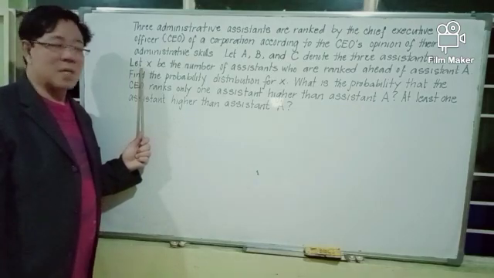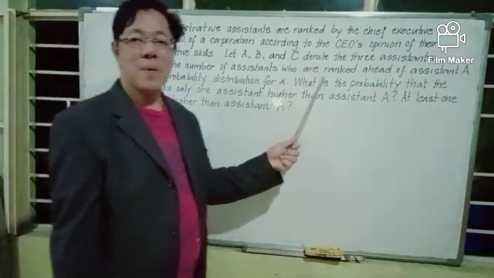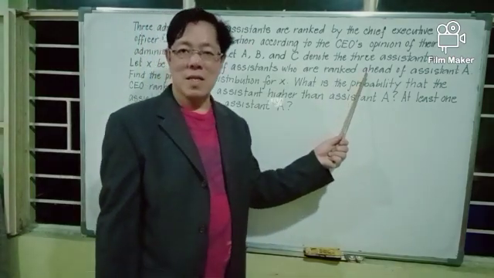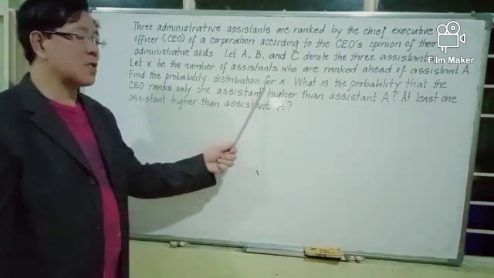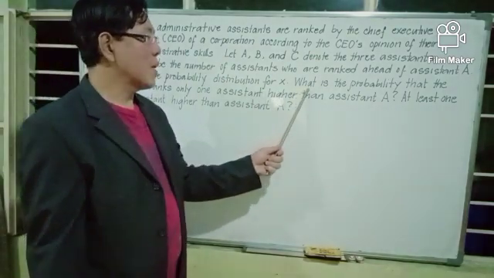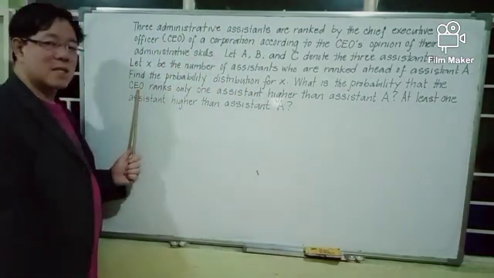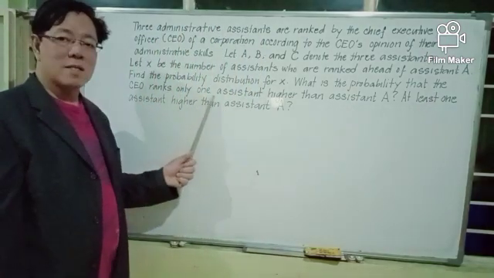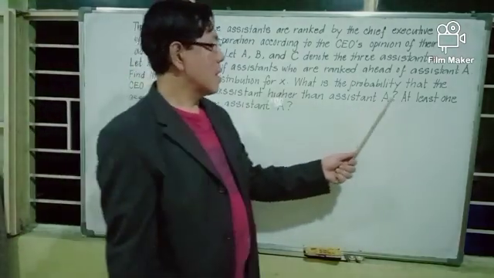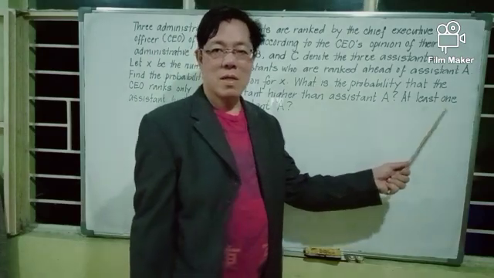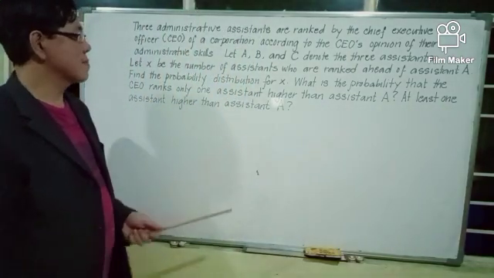Let X be the number of assistants who are ranked ahead of assistant A. Find the probability distribution for X. What is the probability that the CEO ranks only one assistant higher than assistant A, and at least one assistant higher than assistant A?